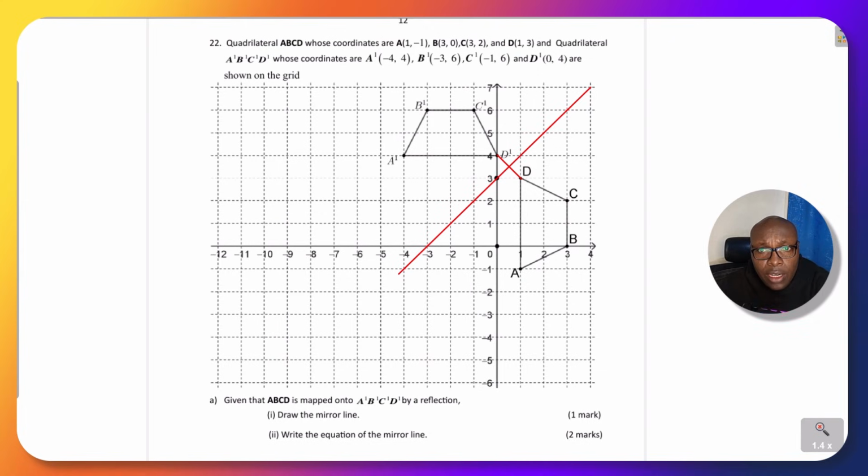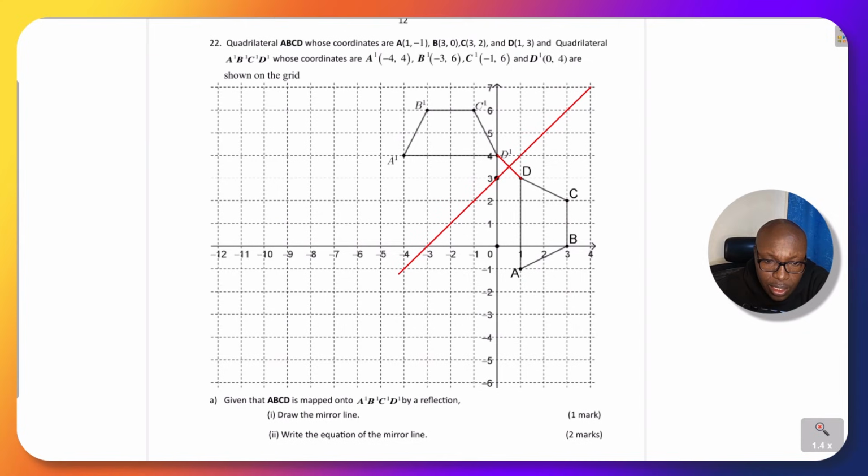And as I've said, you can use any other point. You can join B to B prime and then construct a perpendicular bisector. You can use A and A prime, whichever point that you choose. So that is the mirror line.